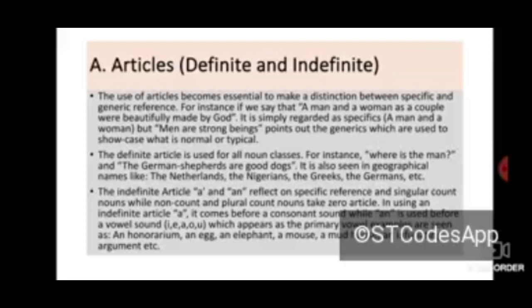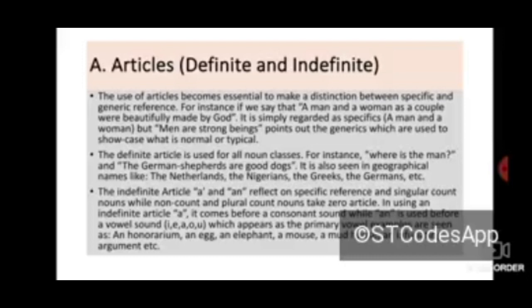The definite article is used for all noun classes. For instance, where is the man? And the German Shepherds are good dogs. It is also seen in geographical names like the Netherlands, the Nigerians, the Greeks, the Germans, etc. The indefinite articles a and an reflect non-specific reference and singular count nouns, while non-count and plural count nouns take zero article.